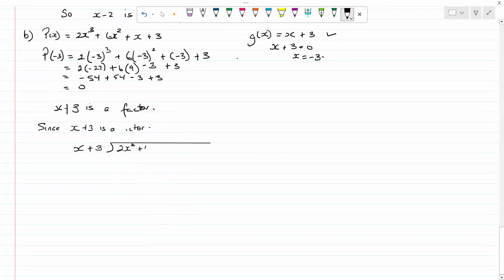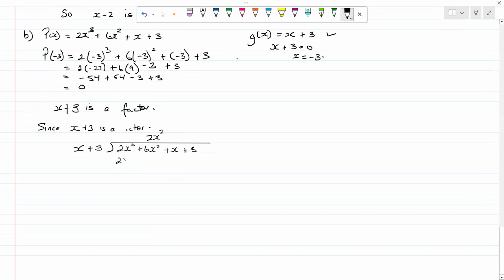2x cubed plus 6x squared plus x. Right? Now, if it's a factor, then I should be getting no remainder. And if I divide this, 2x cubed by this, I should get the other quadratic factor. All right, so remember, if we use the -3 here, then the factor is going to be x plus 3 and not x minus 3, right? So we're doing this over again. We're going to get 2x squared.